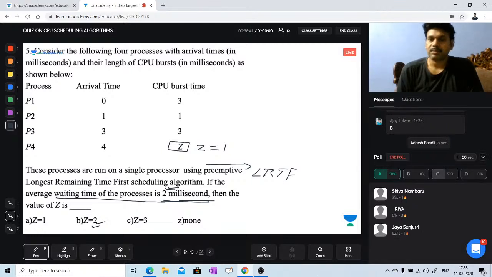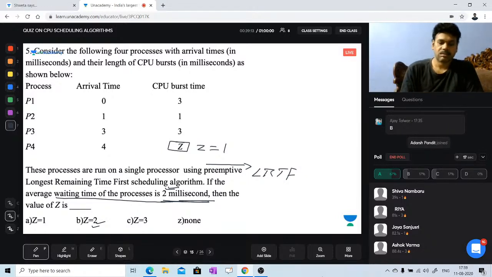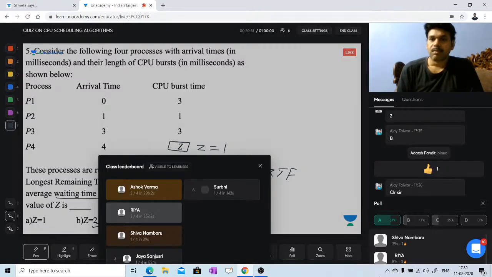Very nice. Yeah. So this was one of your previous GATE questions. Very nice.